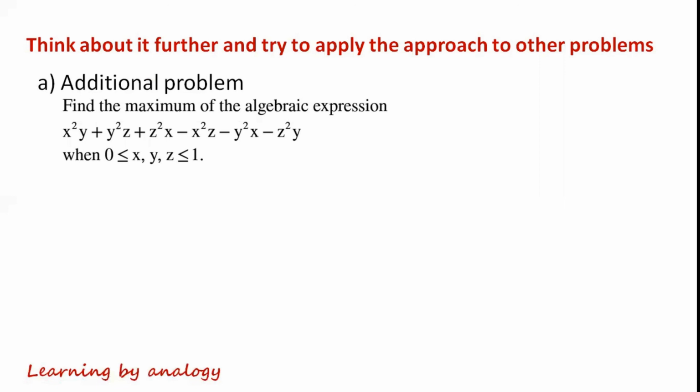Find the maximum of the algebraic expression x squared y plus y squared z plus z squared x minus x squared z minus y squared x minus z squared y, when 0 is less than or equal to x, y, z is less than or equal to 1.